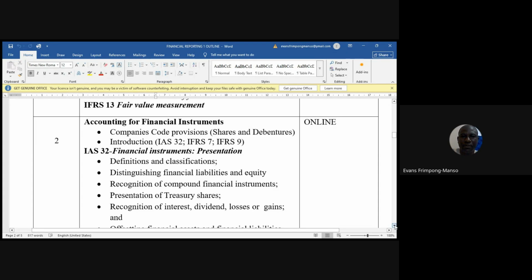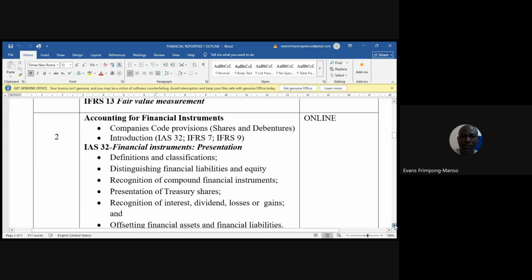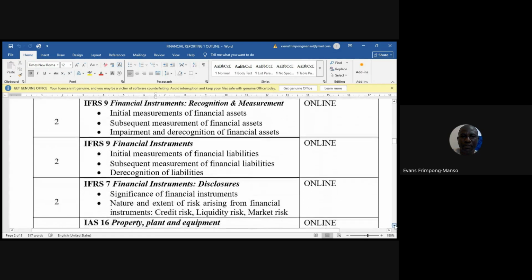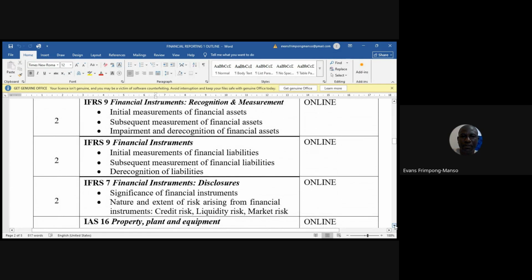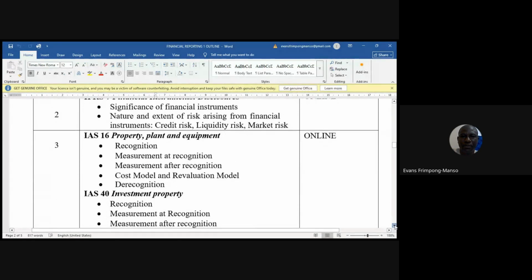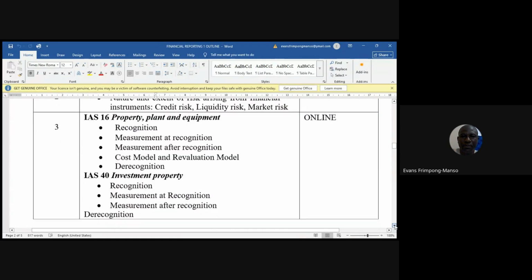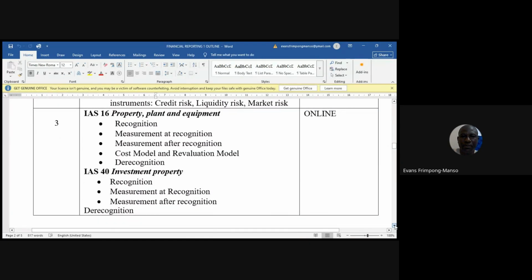And then in week 3, because all these are on the financial instrument, week 3, or the 3rd meeting, we will look at IAS 16. IAS 16 talks about property, plant, and equipment, which we call PPE.